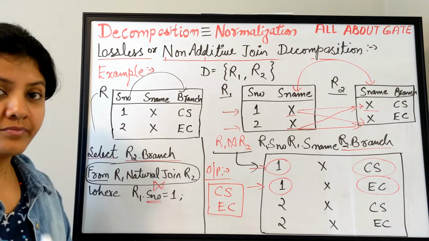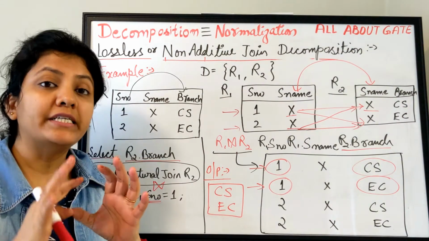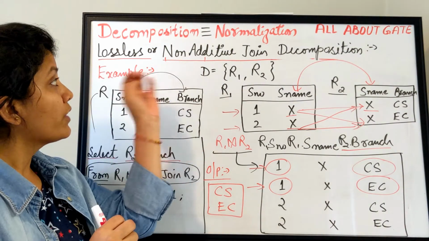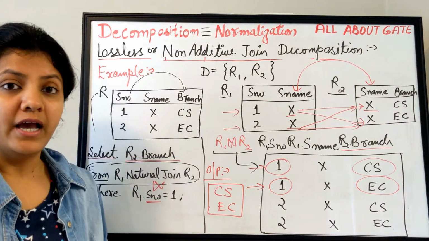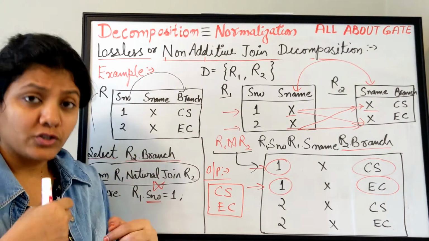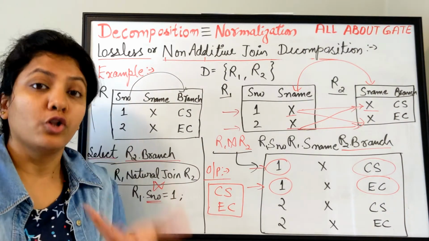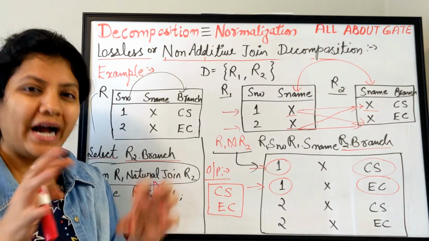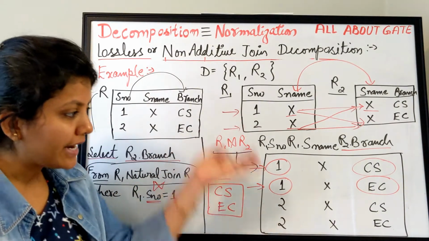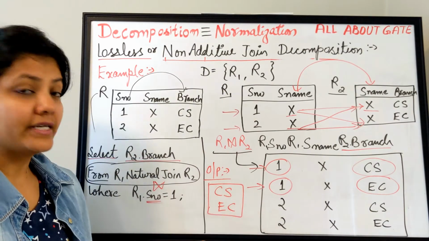Now you see, we are going in a very detailed manner to understand what a lossless join is. Or in other words, if it is not lossless join, it is lossy. That means it is going to add something extra, which you can see right here that it has added something extra.